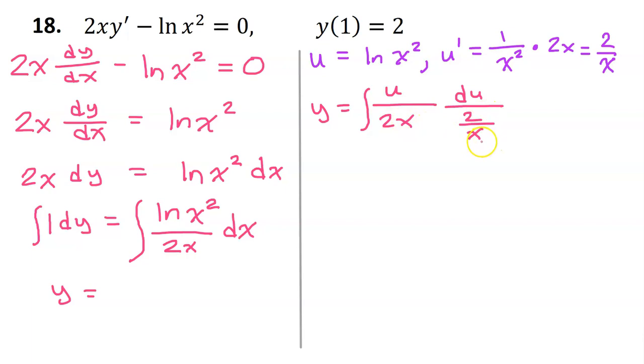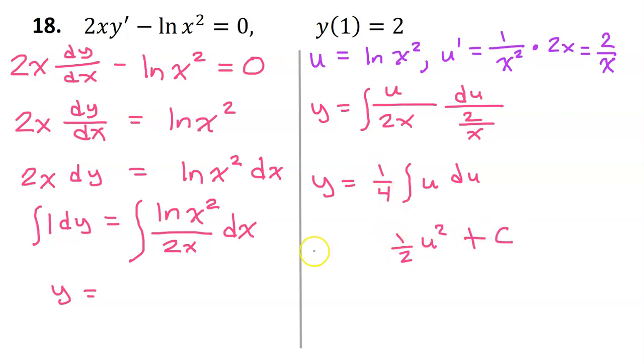These x's will cancel each other out, and we will be left with 2 times 2 is 4. This 4 in the denominator can be brought out as a 1/4 in front of the integral. So we now have 1/4 of u du. The antiderivative of u is 1/2 u squared.